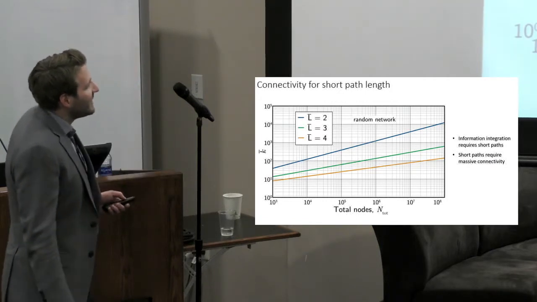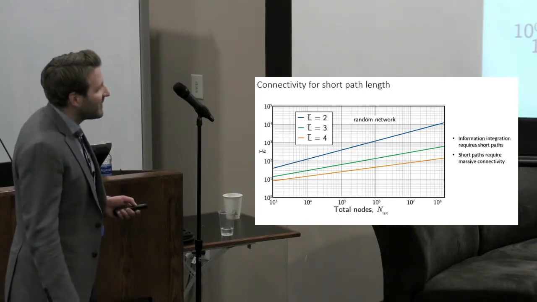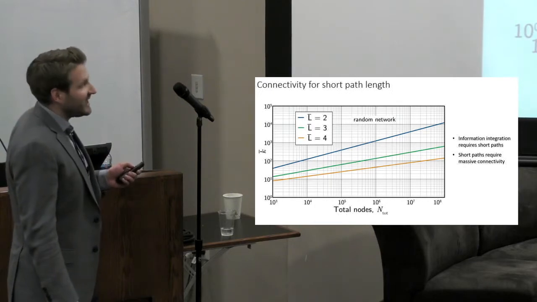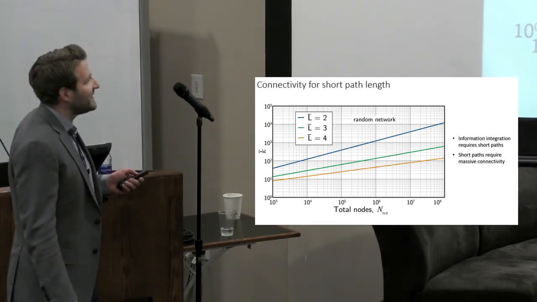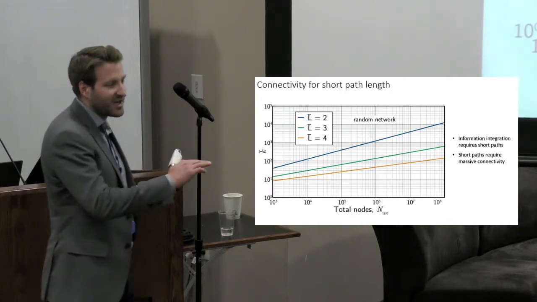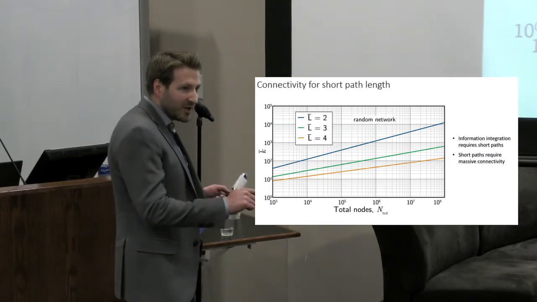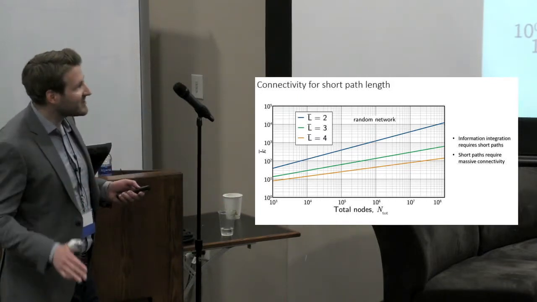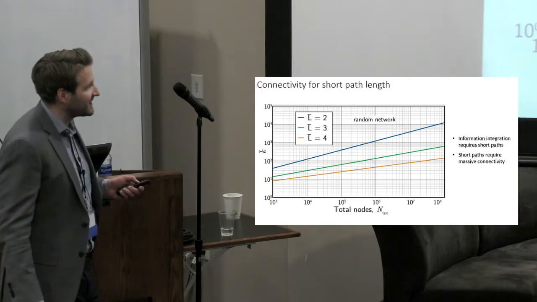What this plot is showing is for a network with a given total number of nodes, what average degree of your nodes do you need in order to maintain a certain path length? So if you take the average path length of 2, which is the target, you don't want an average path length of 1, which would mean every node is connected to every other node. That's overkill. But you don't want to let it drop to 3 because performance drops significantly.